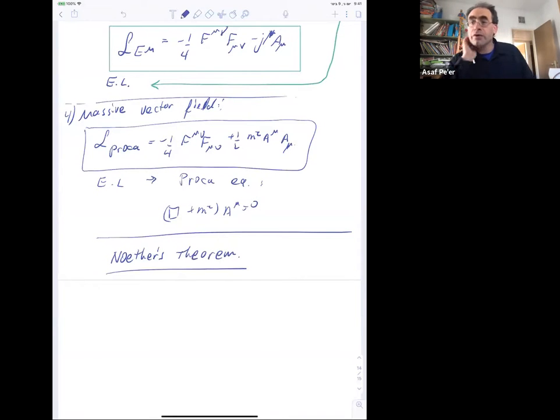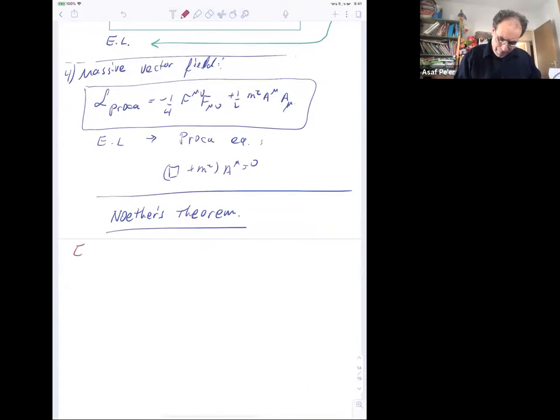I see we are sort of running out of time. The next thing I'm going to discuss is symmetries of the Lagrangian. The reason why we're so interested in symmetries is because of this theorem from Emmy Noether from roughly 100 years ago, which states that every time we have a continuous symmetry of the Lagrangian, then we have a conserved current. That is in essence Noether's theorem.